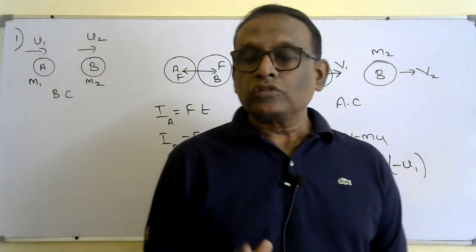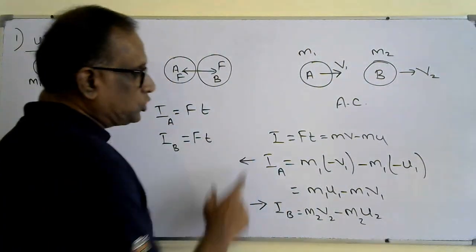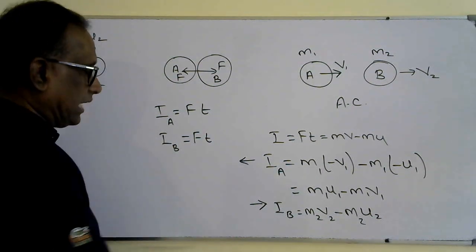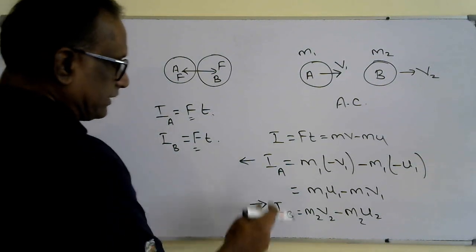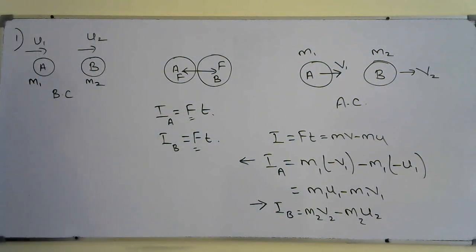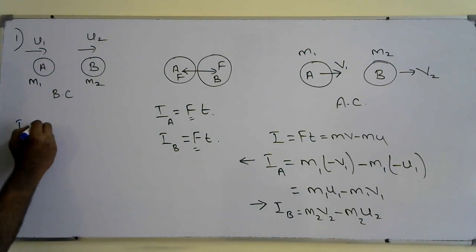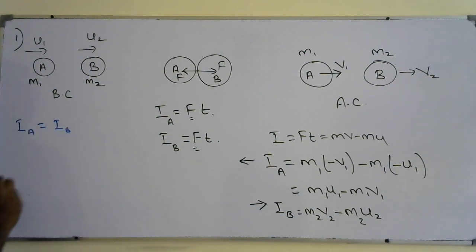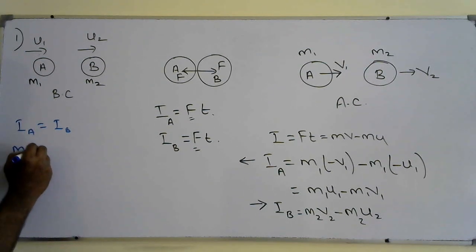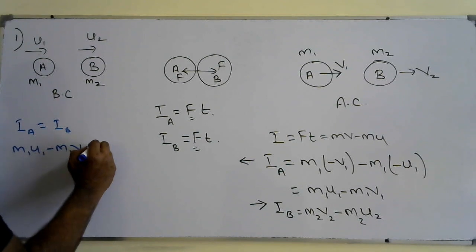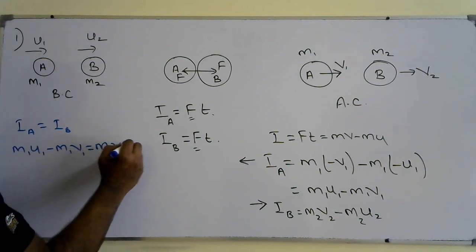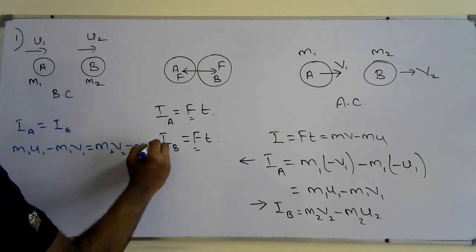I told you both will have the same magnitude of impulse, IA equal IB, because both experience the same force for the same time. So equate both, IA equal IB, because both have the same change in momentum. That is m1 u1 minus m1 v1 is equal to m2 v2 minus m2 u2.